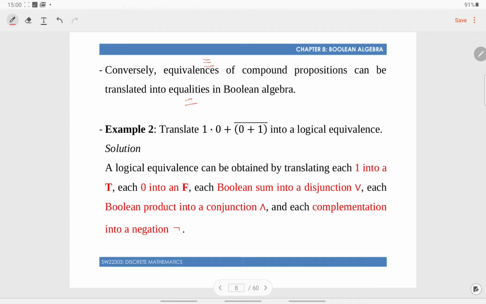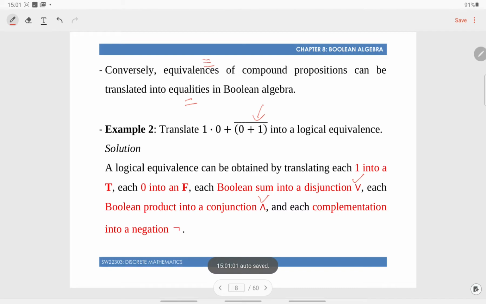So I'll give you an example. Translate 1 times 0 plus, in parentheses, 0 plus 1, and then we have this complement, into a logical equivalence. So this is the solution. A logical equivalence can be obtained by translating each 1 into capital T, which stands for true, each 0 into capital F, which stands for false, each Boolean sum into disjunction, and each Boolean product into conjunction.